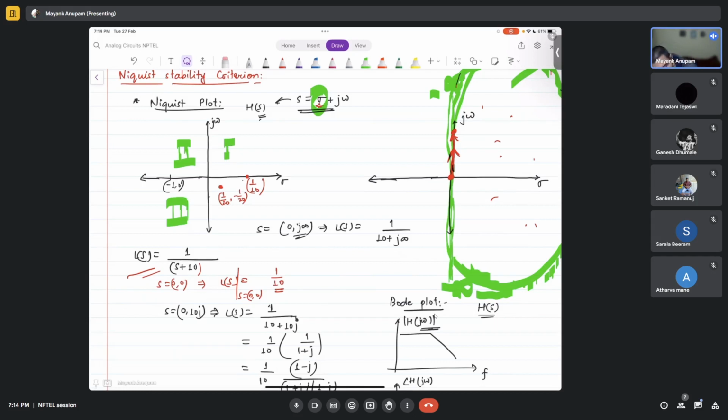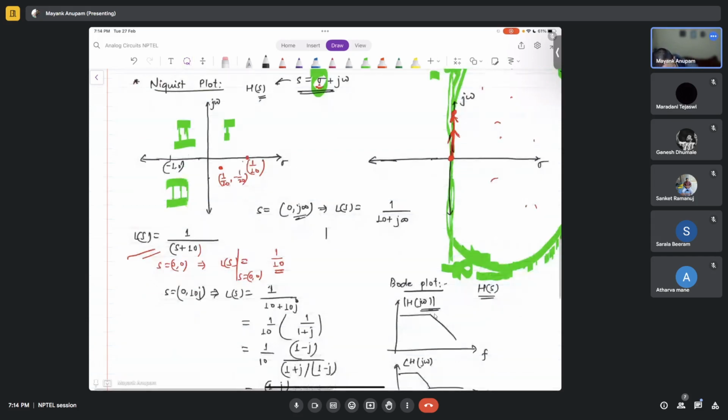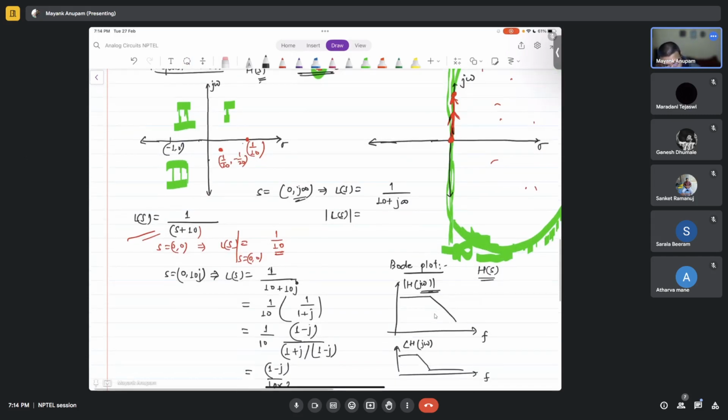Tell me what will be the magnitude of this L of s? It should be the magnitude of 1 over 10 plus j infinity, right?